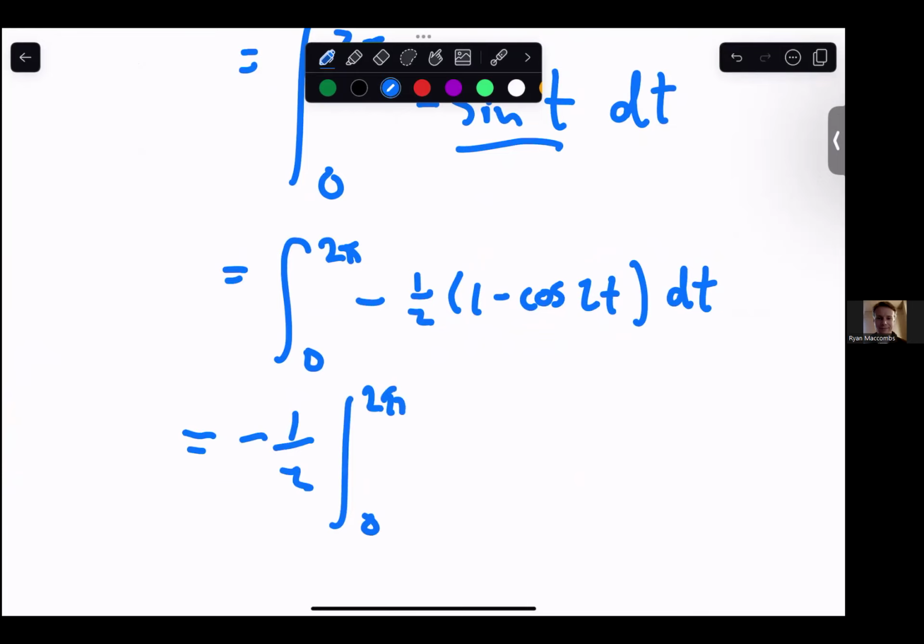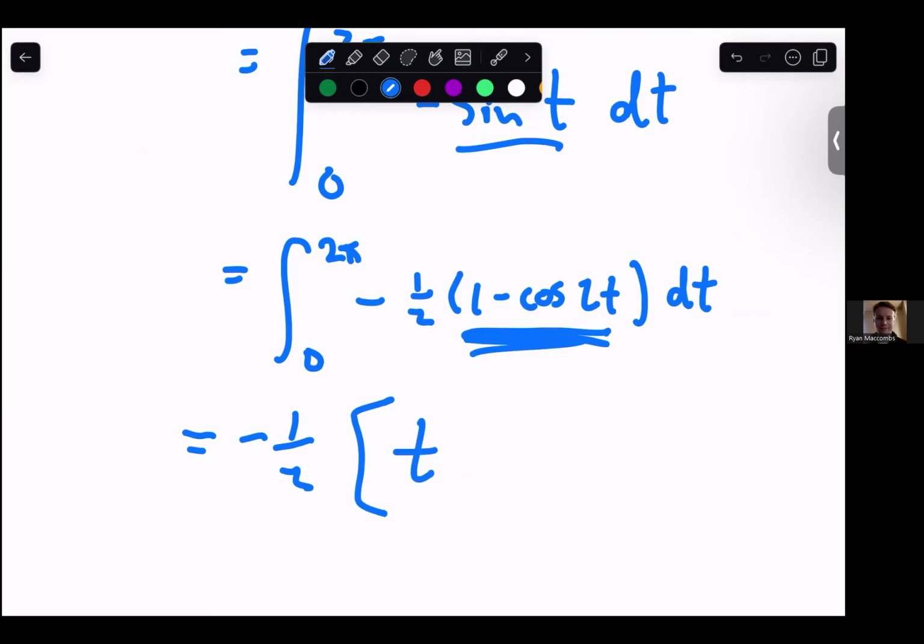So the negative 1/2 we'll take out. And why don't we go ahead, we'll try to integrate this as well then. So if I was to integrate 1 with respect to t, I'm just going to get t. And if I was trying to integrate cosine, we're going to get sine. And that 2 there means we're going to need this extra 1/2, that technically there's a small u substitution going on here.